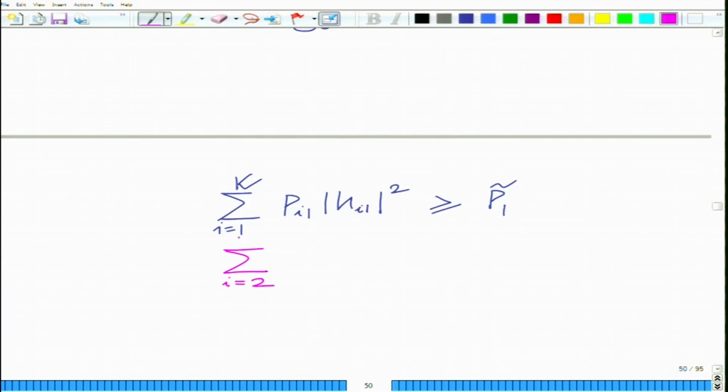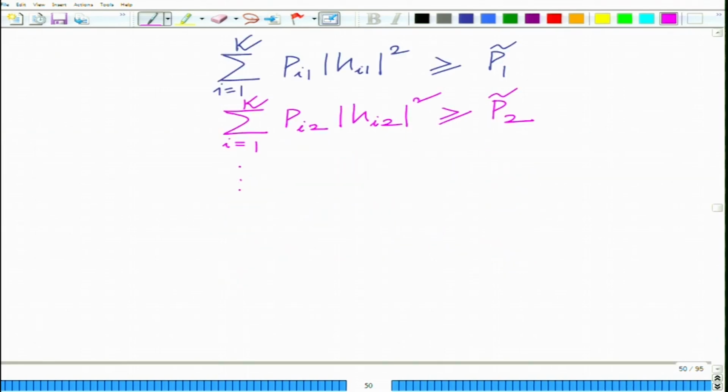Now we can write for user 2, summation i equal to 1 to k of Pi2 magnitude hi2 square, where hi2 is the channel coefficient between base station i and user 2. This has to be greater than or equal to the minimum desirable power P2 tilde of user 2, and so on and so forth.